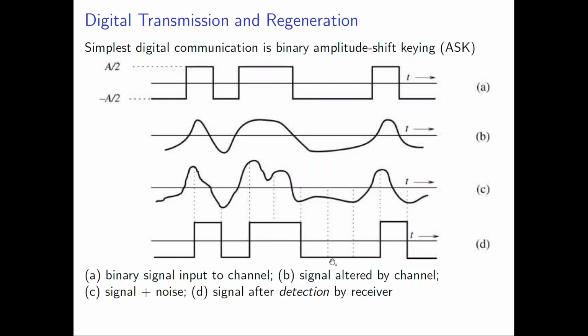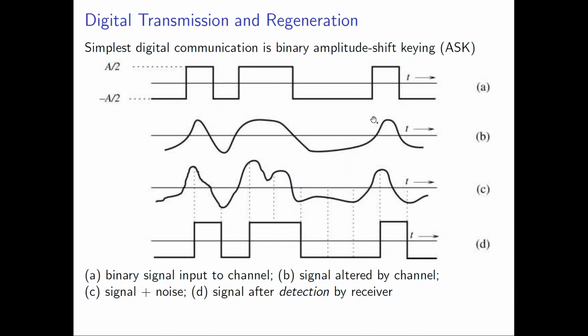And D represents the signal after the receiver detects it and tries to decode it. So as you can see, although the channel changed the shape of my signal, and the noise changed the shape of my signal, I can still reconstruct the transmitted bits perfectly. Which is nice. This is the goal: to be able to transmit your data over a wireless medium reliably, without errors. And this is amazing. We always want to be able to do that.